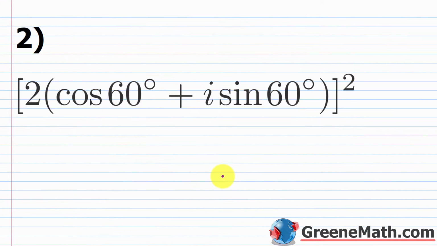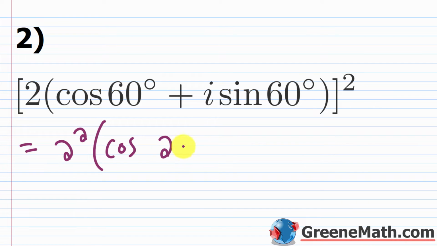All right, for problem 2, now we have 2 times the quantity cosine of 60 degrees plus I times the sine of 60 degrees, and this number is being squared. So again, to use the formula, you're going to square this absolute value or modulus here. So 2 is being squared, and then times the quantity, the cosine of, again, this angle here is being multiplied by this 2 right here.